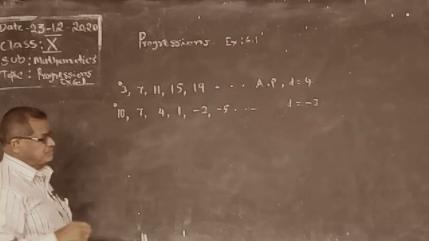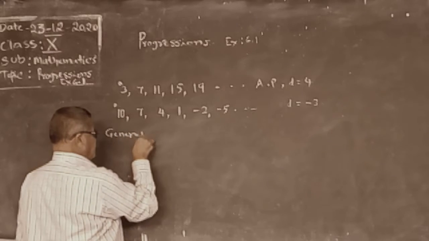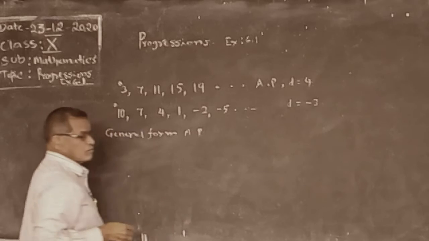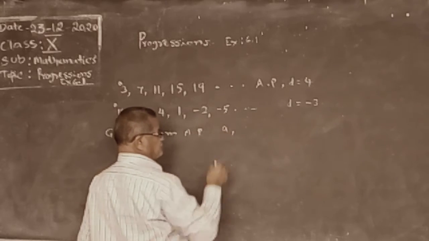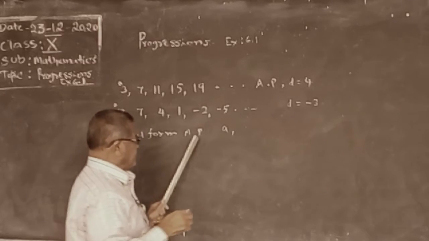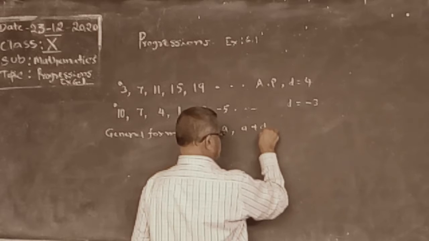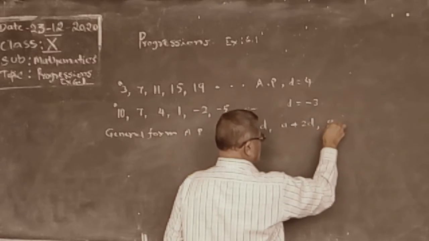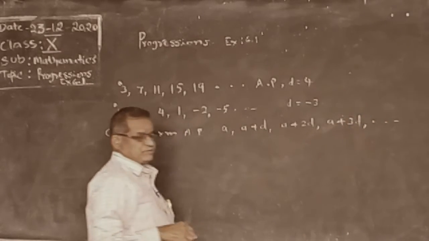So now we have the general form of arithmetic progression. First term A, and we are adding a constant fixed number D, A plus D. Again we are adding the same number D, the same fixed number, like this.